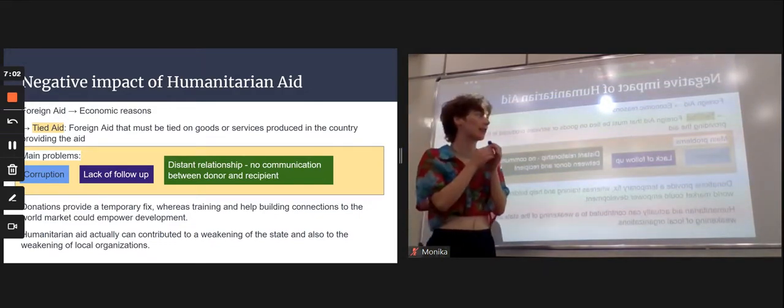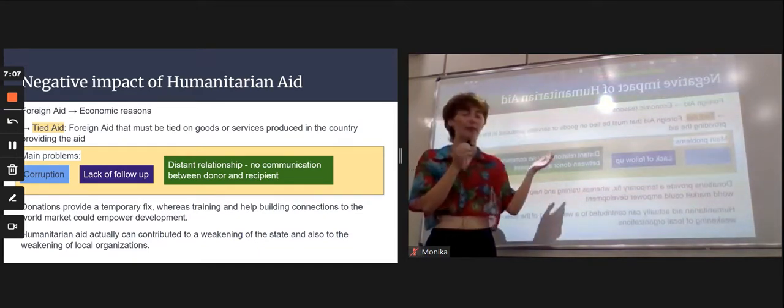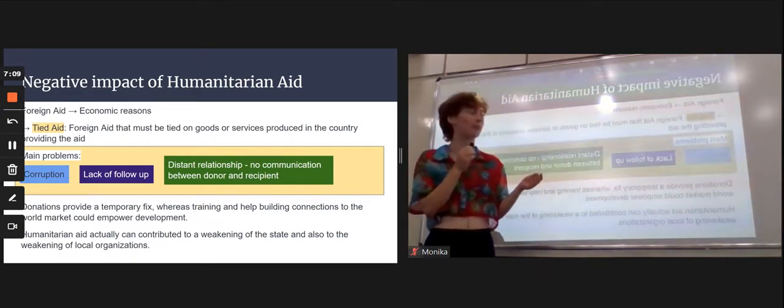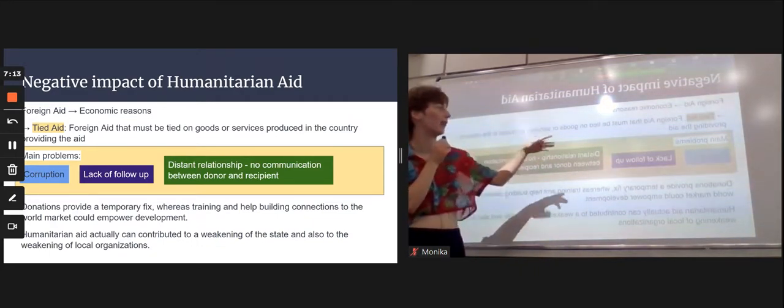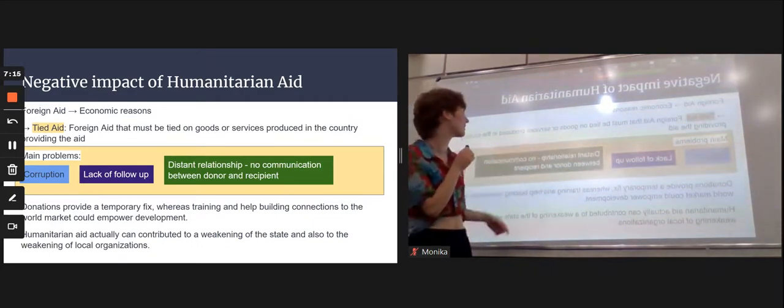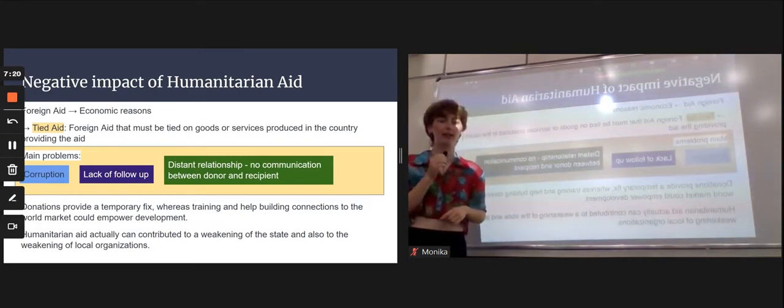And this is also the economic reasons for foreign aid, which could also be connected to tied aid. Tied aid is foreign aid that must be tied to goods and services produced in the country that is providing the aid.